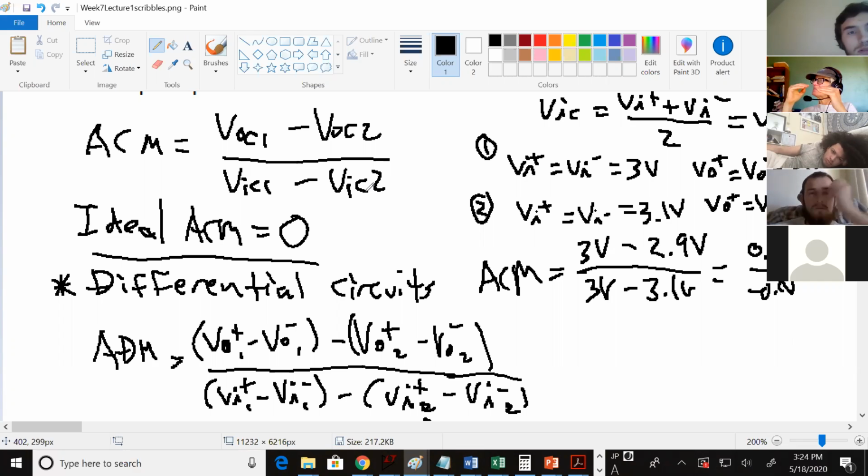The difference has to change. And did the difference change when I was at 3.1 and 3.1 and then 3.2 and 3.2? No, so the voltage between the plus and the minus has to change for the differential. But can you use this for the common mode gain where it goes from 3.1 to 3.2? Yes, because the average is changing.